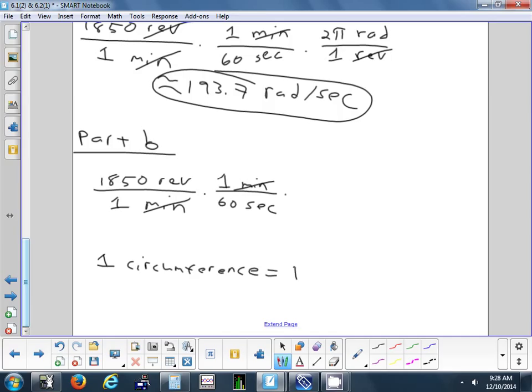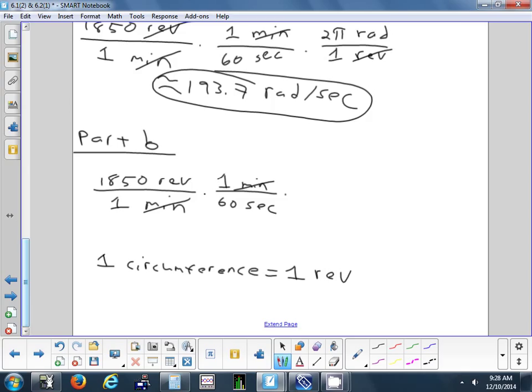What's different about this conversion fact is it's a conversion that can change. It depends on the size of the wheel you're working with. All the other conversions we've used so far, they never change. There's always 12 inches in a foot. There's always 60 seconds in a minute. But the circumference in a revolution, that conversion can change.